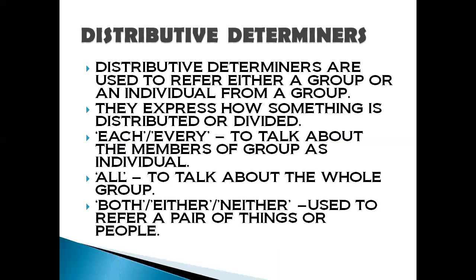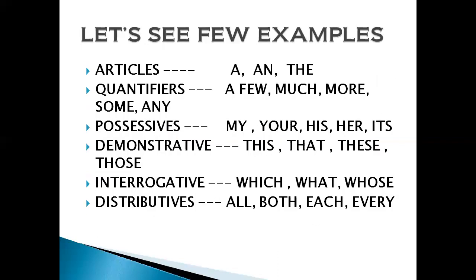Now, let us see all these determiners with examples. It's like a recapitulation. Articles, quantifiers, possessive, demonstrative, interrogative, distributive are all determiners. Now, articles. Examples of articles are a, an, and the. A and an are indefinite articles and the is a definite article.